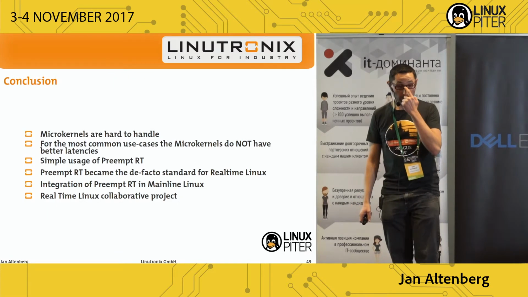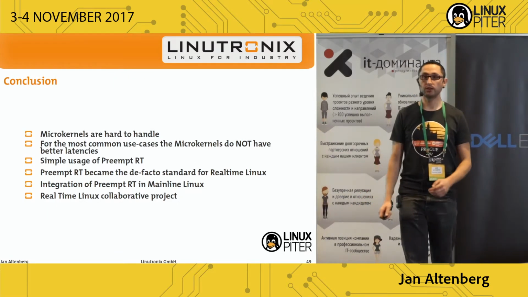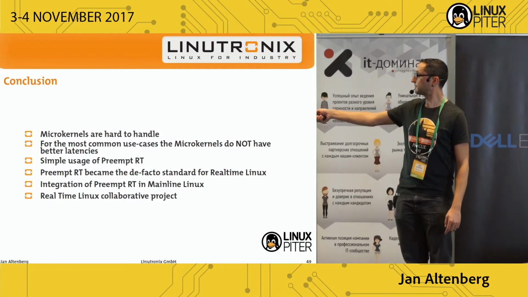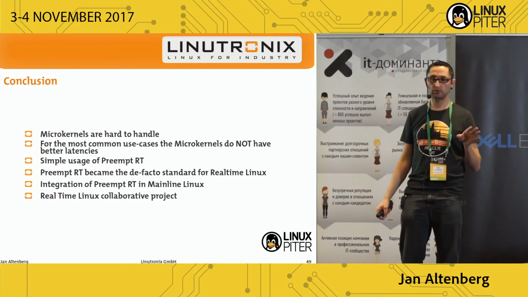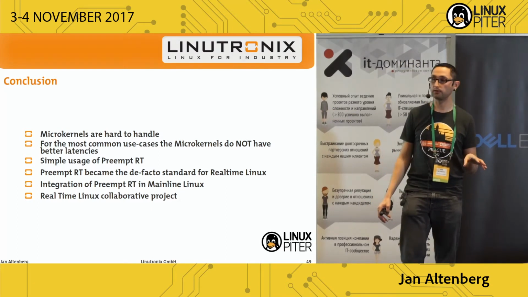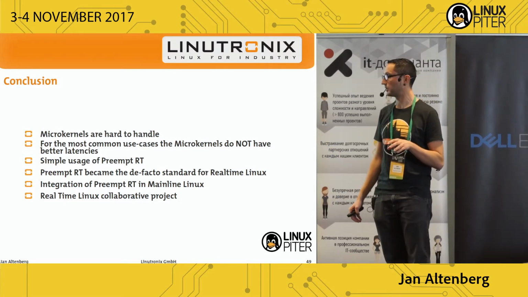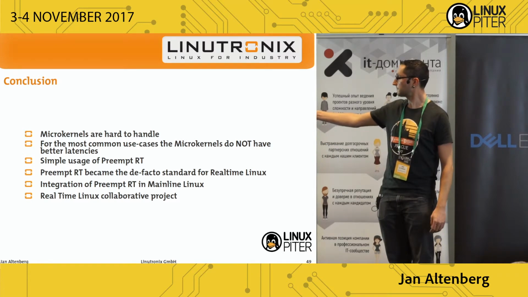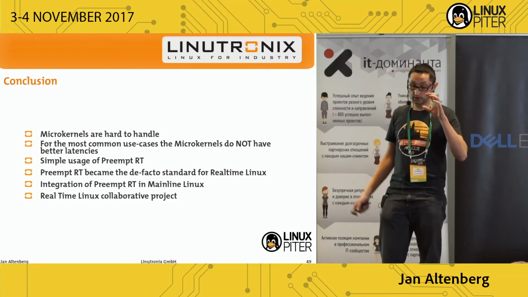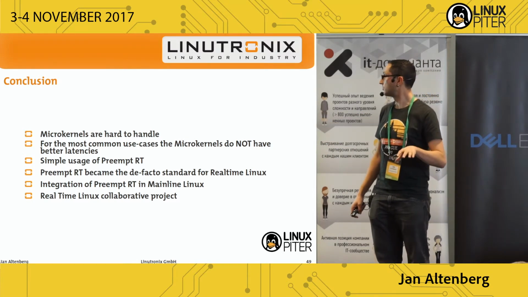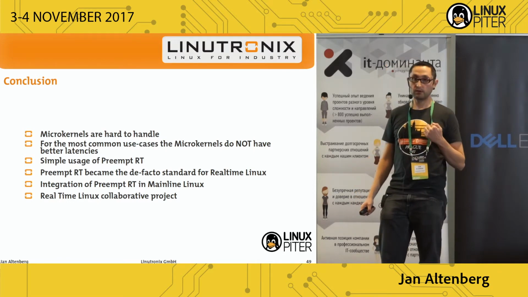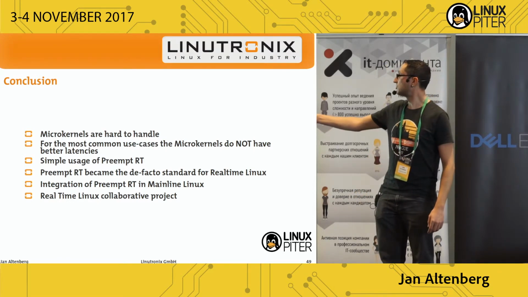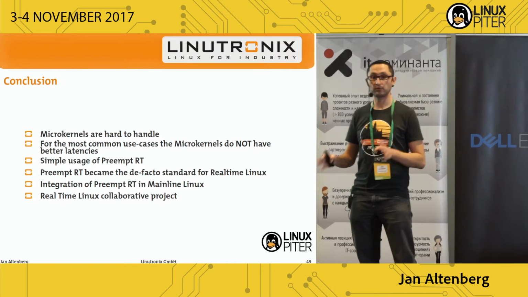So if we take a conclusion at the end of the day, we can say the microkernels are quite hard to handle. They are still there. They are still valid use cases, but they are pretty hard to handle because you need to maintain the microkernel. You need to use special libraries and tools and so on. And we were able to show that the microkernels do not have better latencies for the most common use cases.